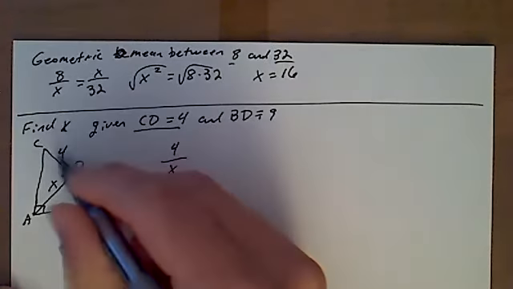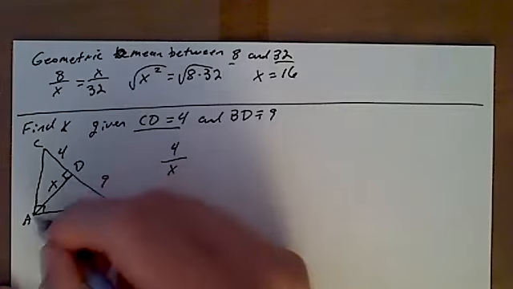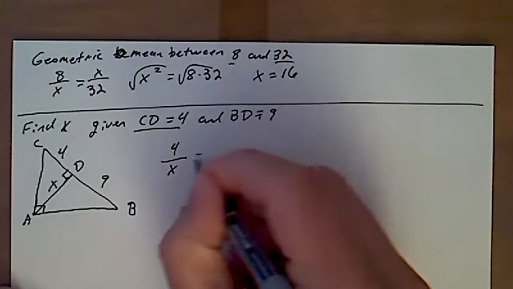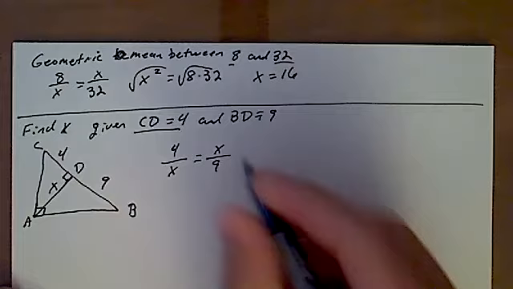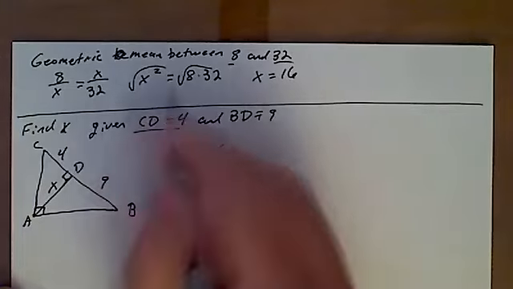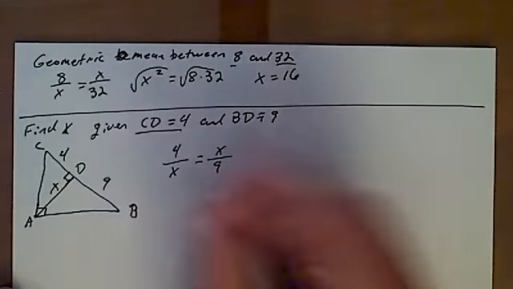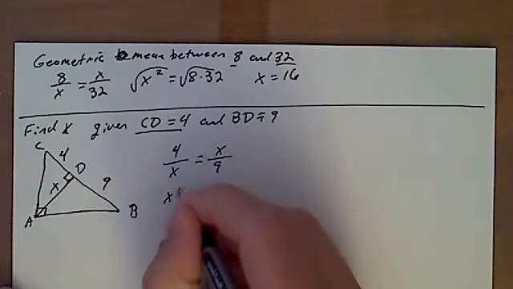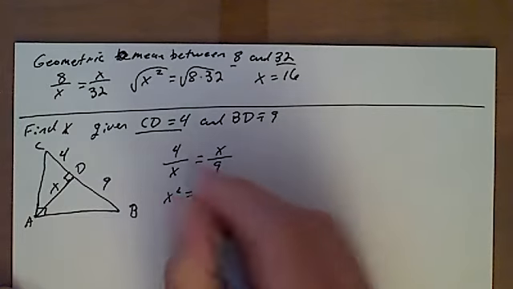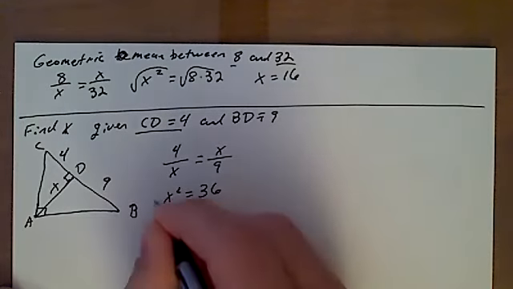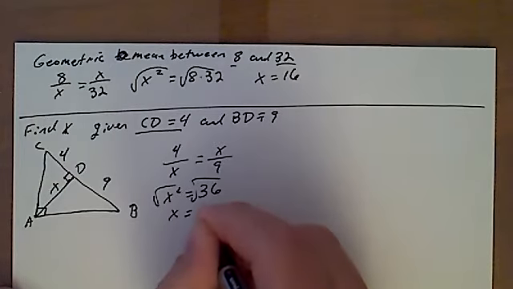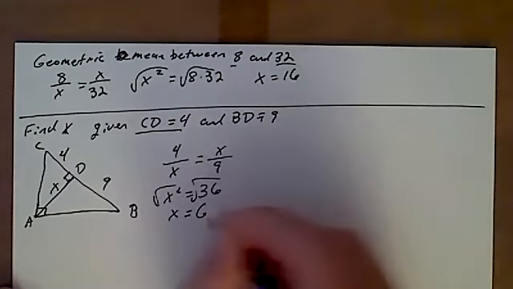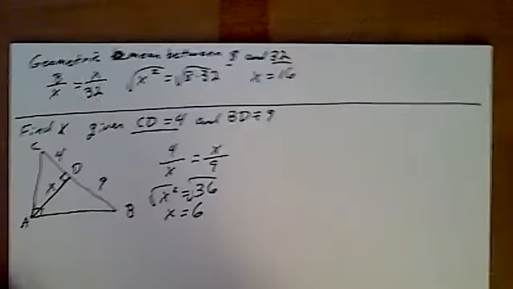We get 4, one of the 2 parts, over the altitude x equals the altitude x over the other part. Now it's just a geometric mean like we just worked on. So we have x squared equals 4 times 9, which is 36. Taking the square root of both sides, we find that x is 6.